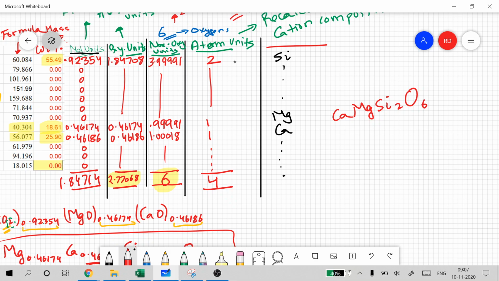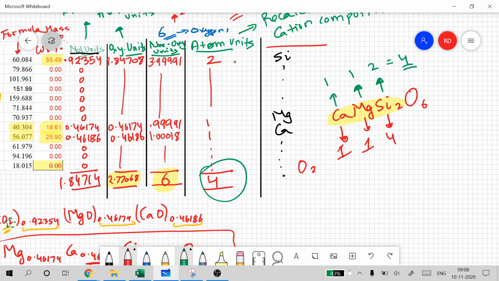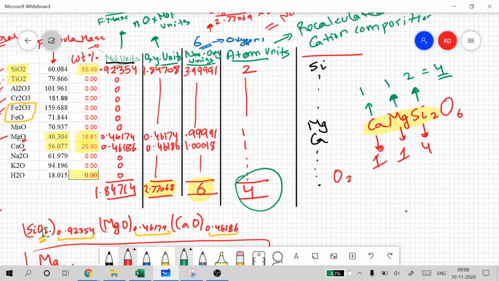With Ca, one oxygen will go, with Mg, one oxygen will go, and Si is 2, so four oxygens will go with Si. Everything is balanced. So this is the total formula. The total number of cations: Ca is 1, Mg is 1, Si is 2. You add them up, you get 4 in total, and this is what you have here. This is how we do these calculations.